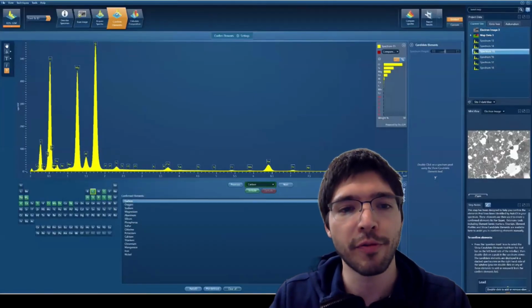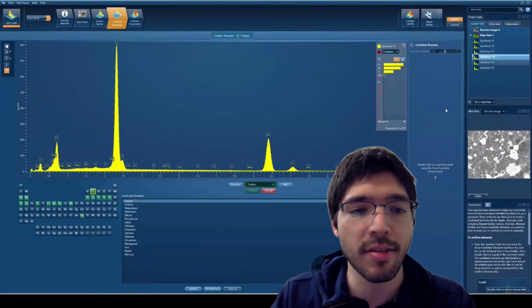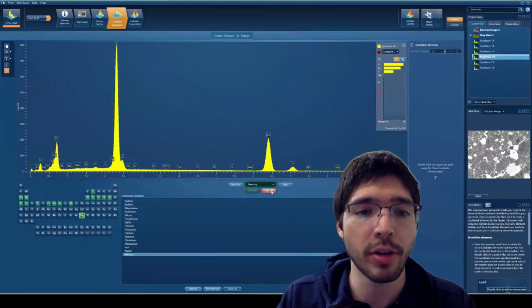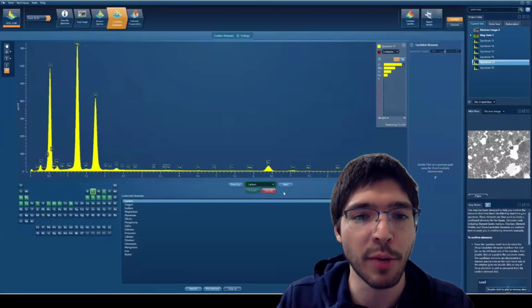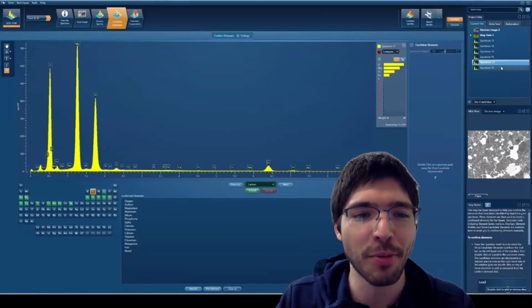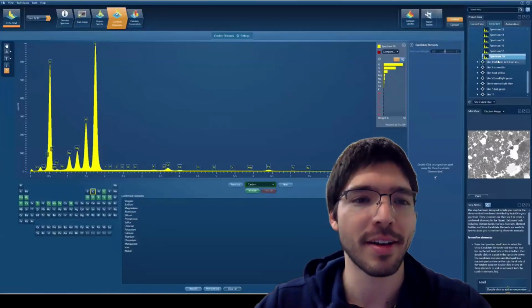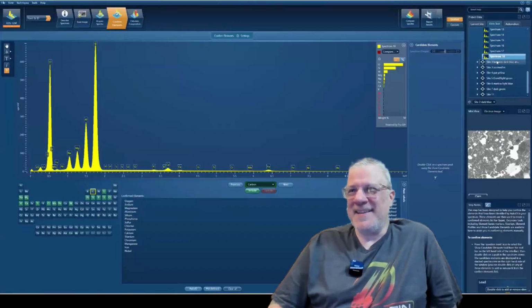I'm trying to fit elements to different energy peaks, and this isn't something you can really do on other programs very well. This is really good with this particular software. So I would recommend, if anyone does purchase a scanning electron microscope in the future, get the Oxford Instruments detectors.